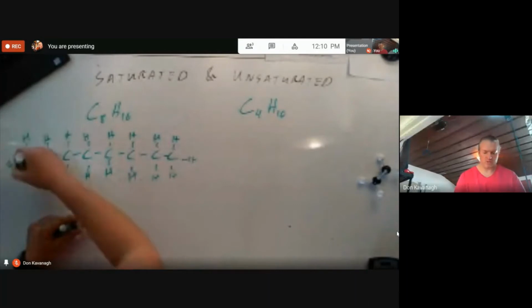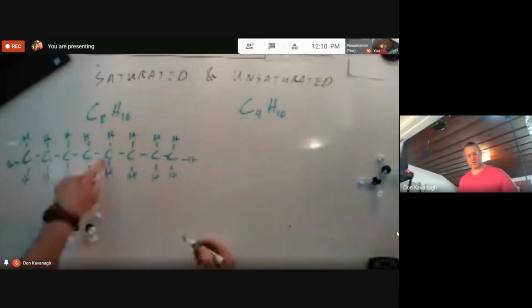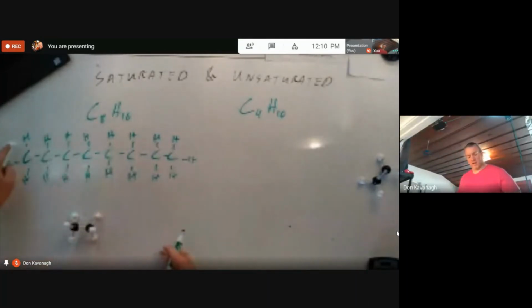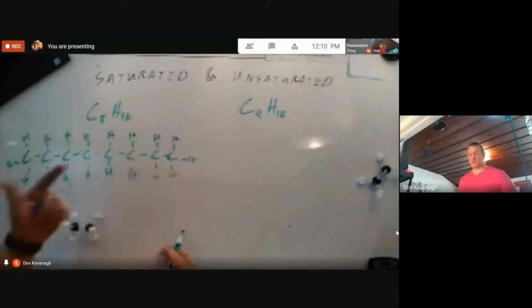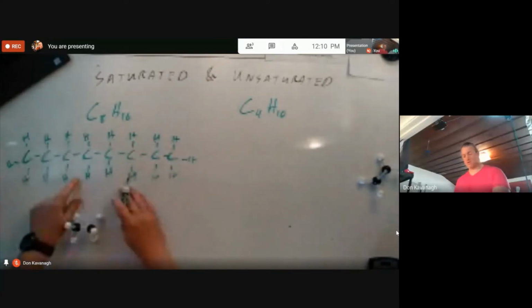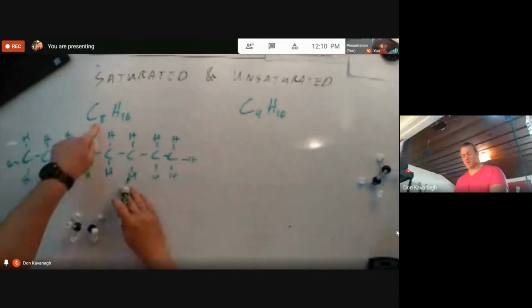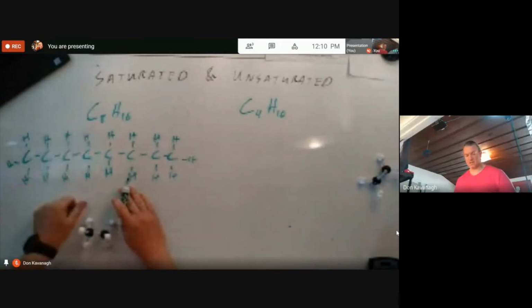And always get your best finger out for this counting. I have 8 carbons. 1, 2, 3, 4, 5, 6, 7, 8, 9, 10, 11, 12, 13, 14, 15, 16, 17, 18. So a saturated 8 carbons needs 18 hydrogens.